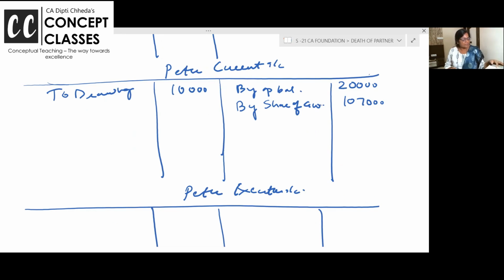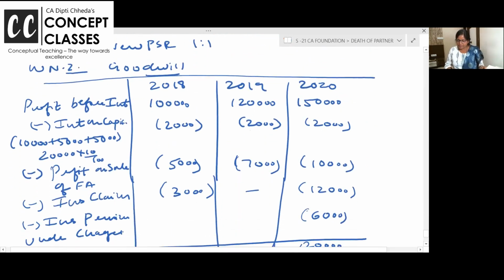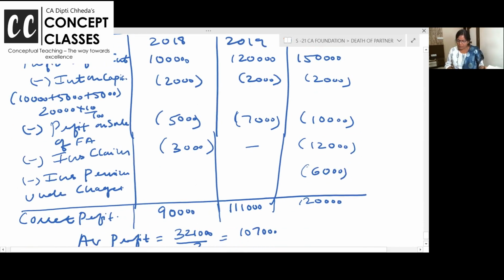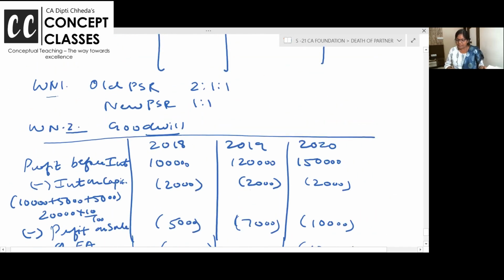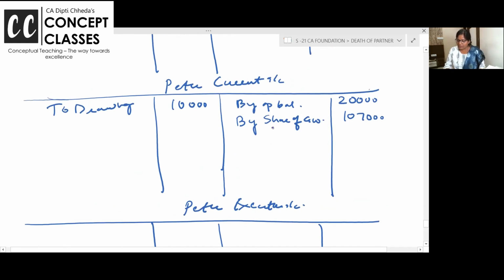Next. Is everyone clear with the goodwill adjustment? Some profits were wrong and all. So we corrected, we took average and I have added in the current account. Reference number working note 2. Chalo, next.